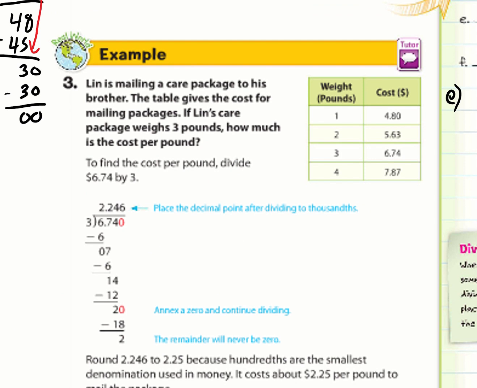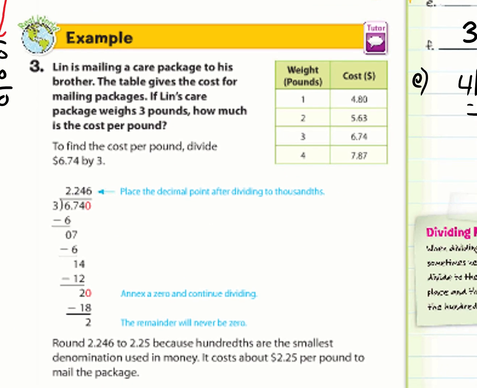So now we have one more example. Example 3. It says Lynn is mailing a care package to his brother. The table gives the cost for the mailing packages. If Lynn's care package weighs 3 pounds, how much is the cost per pound?